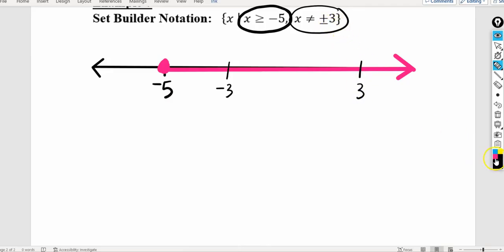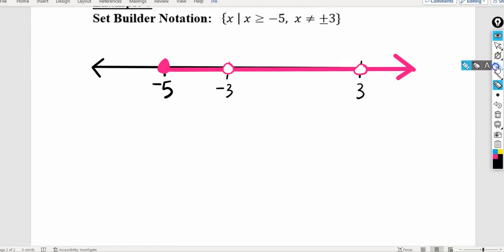So I have to hollow those out. Now I have both parts. I've incorporated both parts into my number line. And now this set builder notation represents the same thing that I've drawn on the number line.